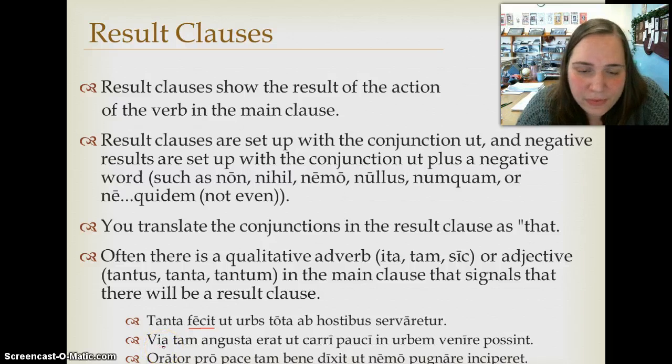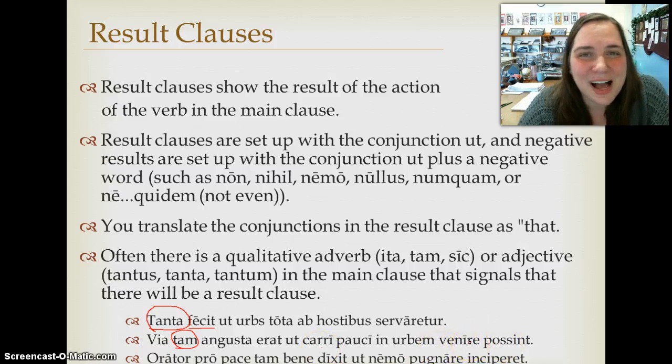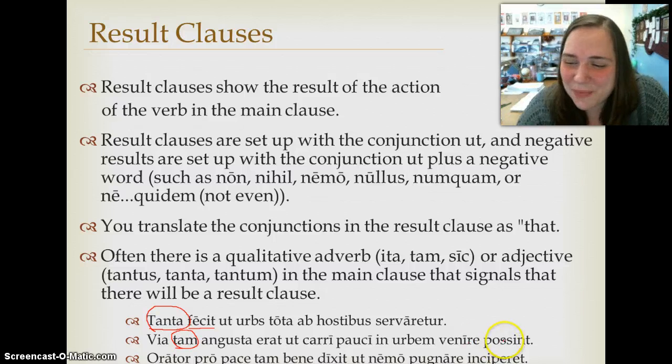Our next example, not having the qualitative adjective like we did in the first example, tanta, we have the qualitative adverb in this one. Via tam angusta erat ut carri pauci in urbem venire possent. So the road was so narrow, tam angusta, ut, that carri pauci, few carts, possent venire, oh, simple complementary infinitive, don't you miss those, were able, so few carts were able to come in urbem, into the city.